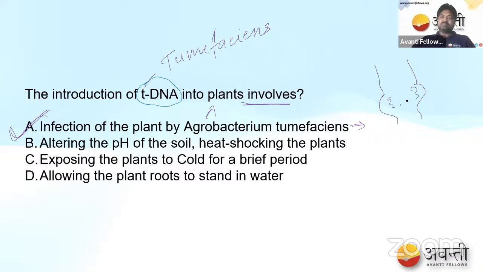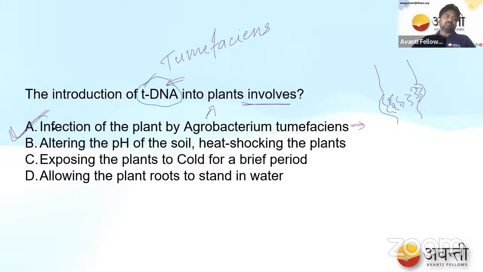In general words it is the overgrowth of cells, and that's why I said it is cancer-like. So Agrobacterium tumefaciens has the ability to insert its genome inside the plant cell, and that's why option A is correct. Infection of the plant by Agrobacterium tumefaciens, and tDNA is used as a vector for the plant cell.